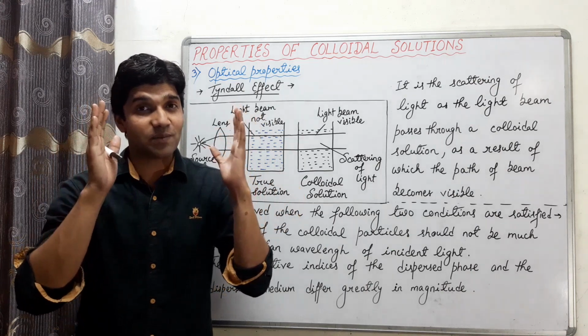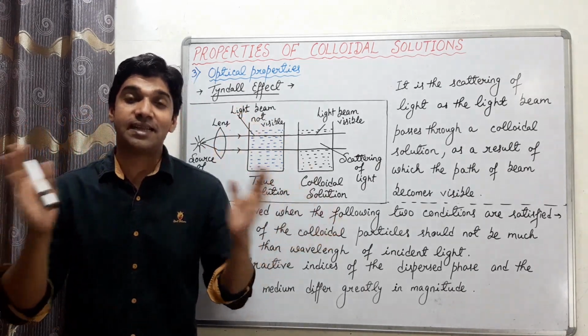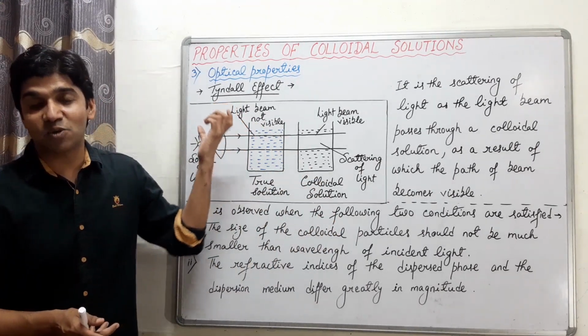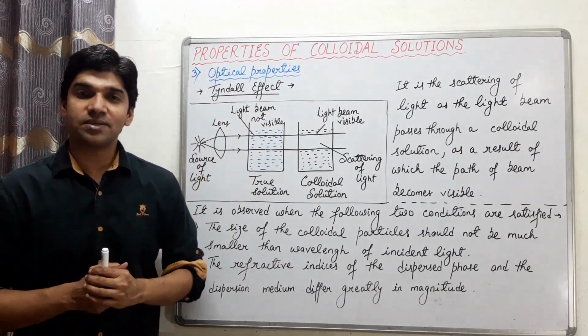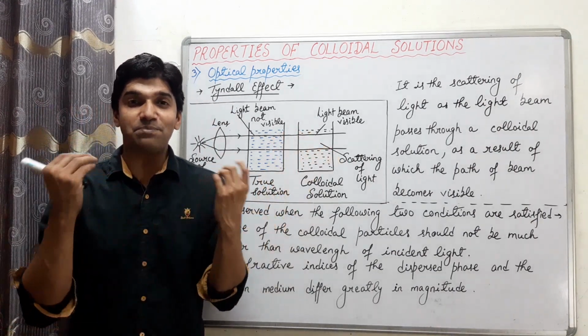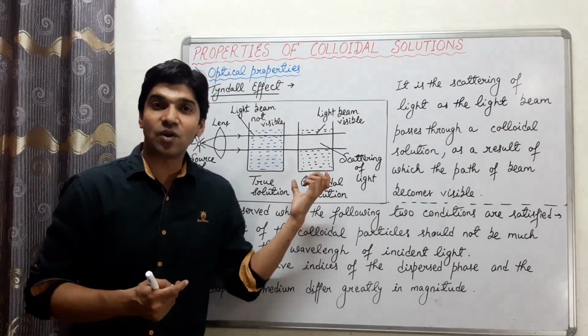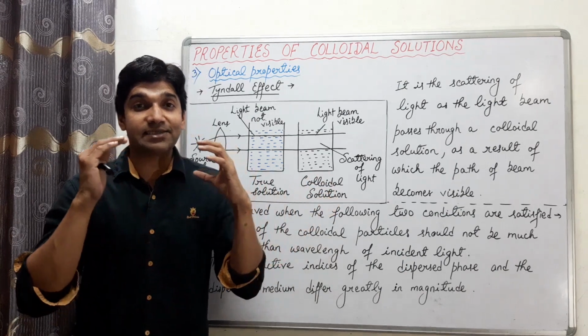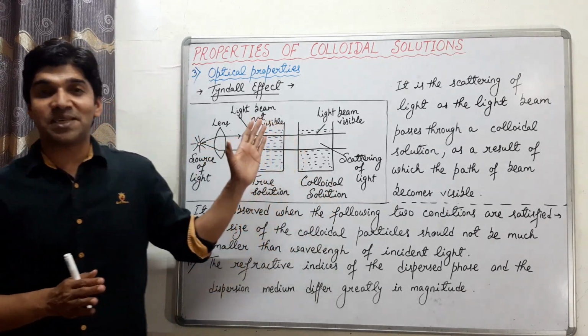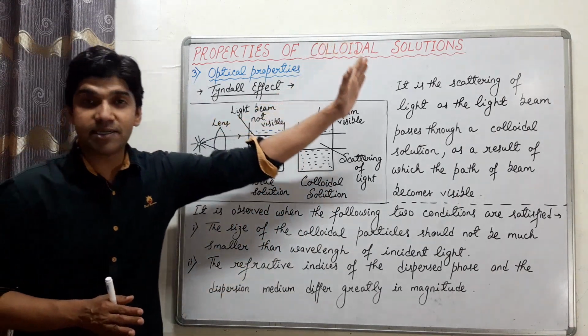They are not able to scatter the light, and that's why the path of light beam is not visible inside the true solution. So it is the scattering of light as the light beam passes through the colloidal solution, as a result of which the path of the light beam becomes visible. That is called Tyndall effect.